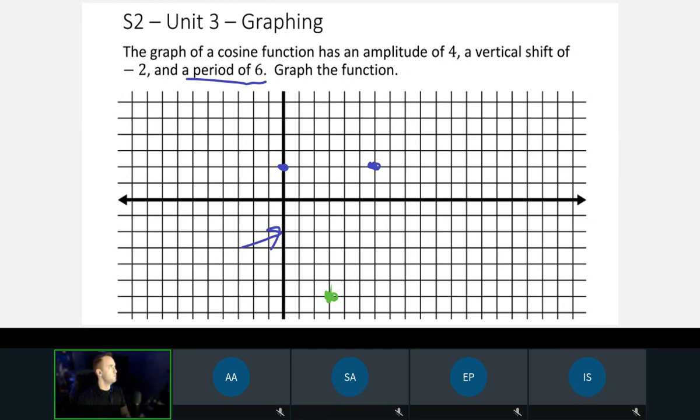I'm going to put a few more points in here, just so when I actually do my graph, it looks good. 1, 2, 3, 4, 5, 6, and 6 again.